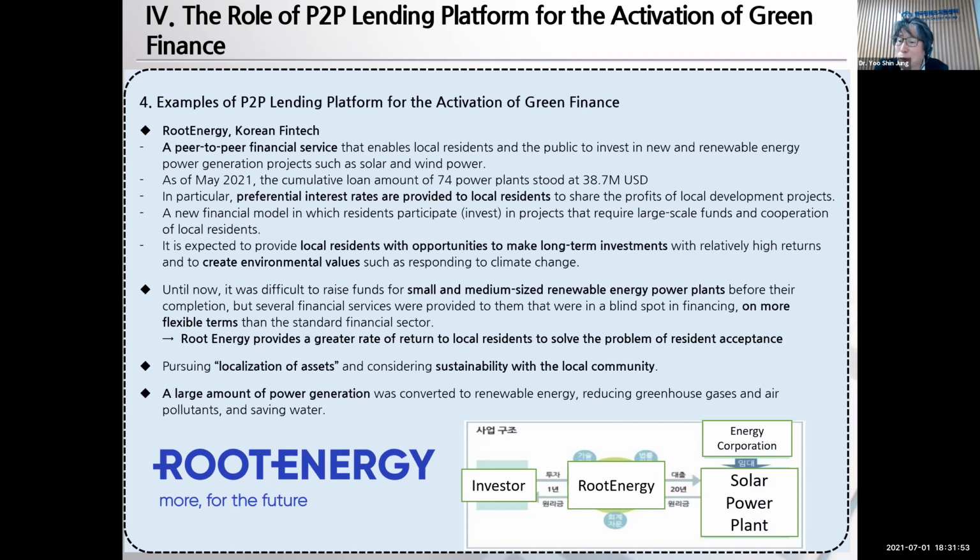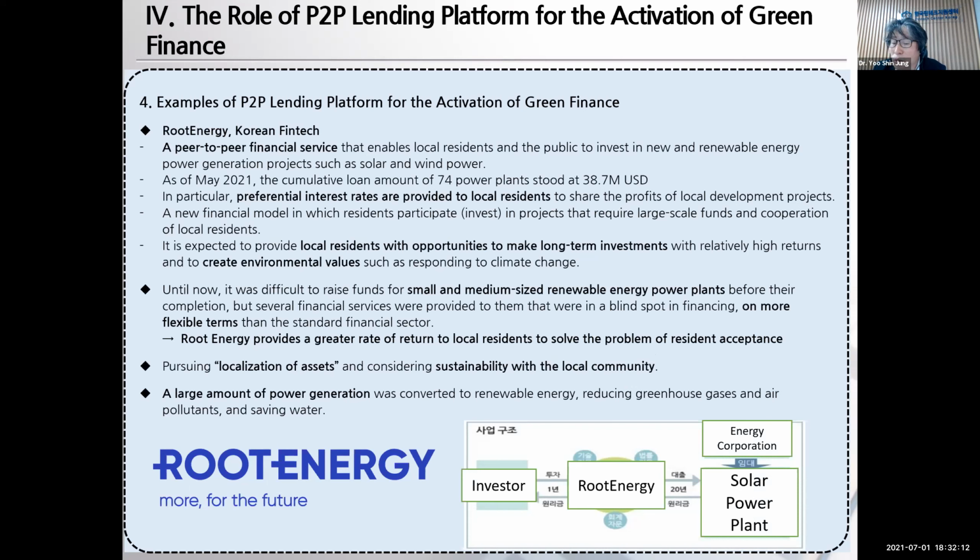Examples of P2P lending platforms for the activation of green finance. As for Korea, Root Energy, a Korean fintech company, provides a peer-to-peer finance service that enables local residents and the public to invest in new and renewable energy power generation projects, such as solar and wind power.